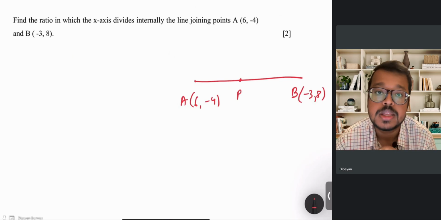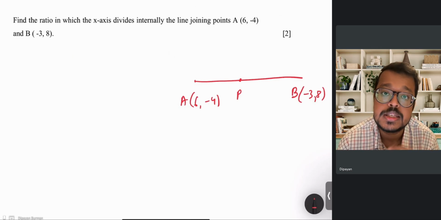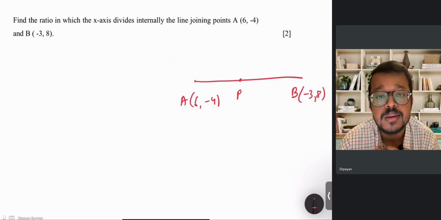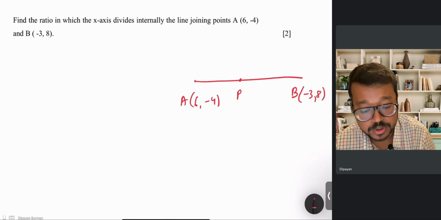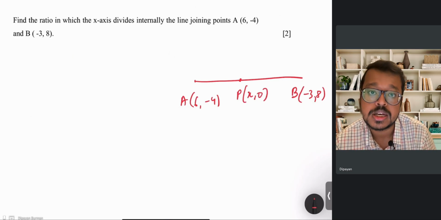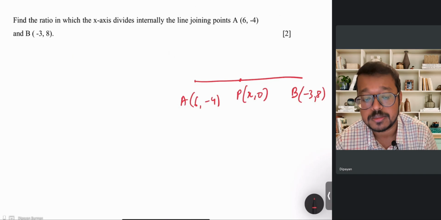Now remember that this point P is lying on the x-axis. So any point lying on the x-axis will always have the y coordinate 0. We already know this. So let's say the point P has coordinates (x, 0), some x coordinate, but the y coordinate will definitely be 0.